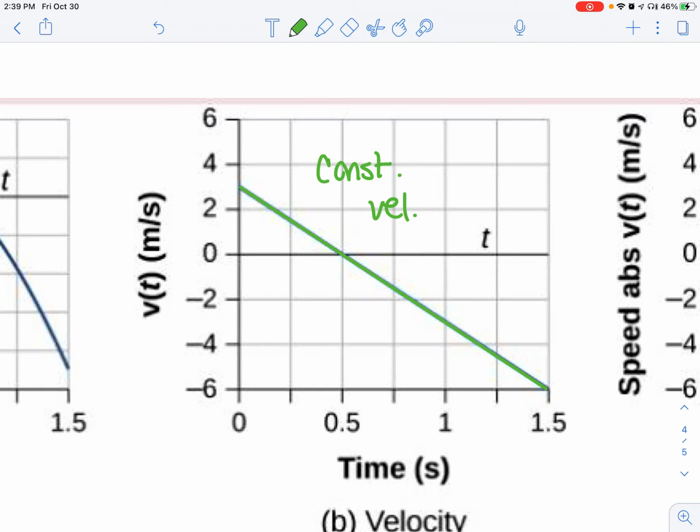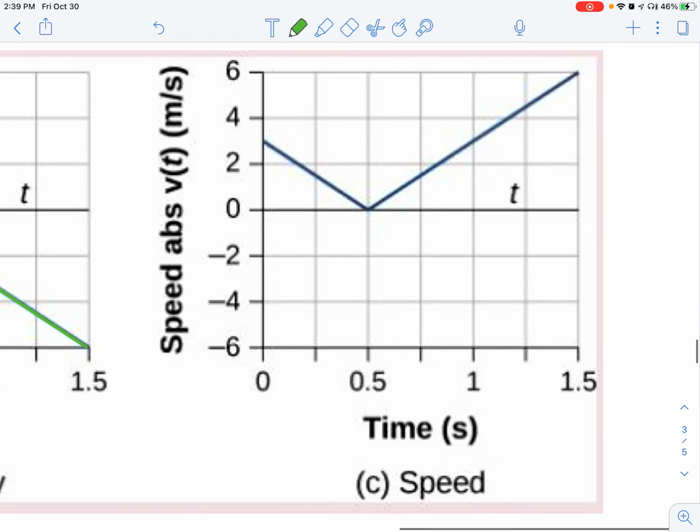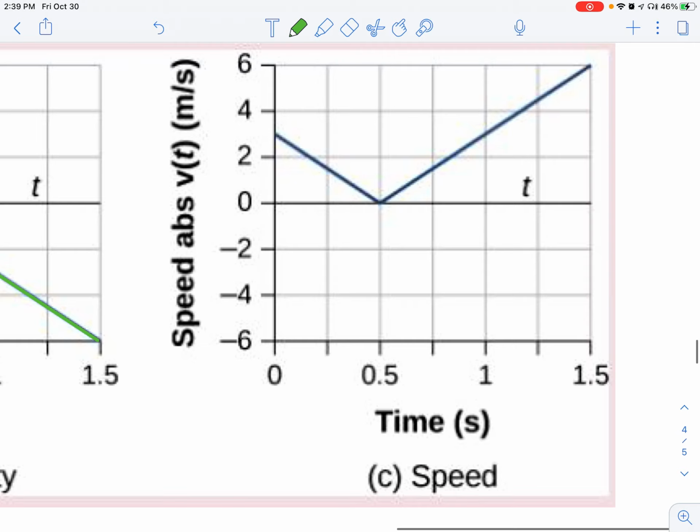It's not like the velocity's 2, now it's 5, now it's 7, now it's 0. That doesn't happen there. And then here, we got a lot of velocities happening, right? So here, this is a constant velocity. This is a constant negative velocity. Here we got a change happening, right? And so it probably is 0 velocity because we're turning around. And here we have a constant positive velocity.